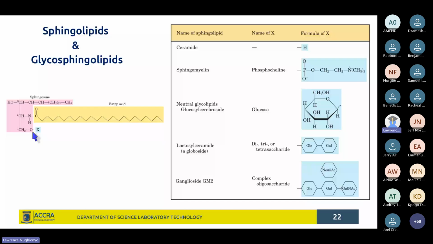And on that sphingosine, which is the backbone, you have a fatty acid. And then on that first carbon there, you have a head substituent. And the head substituent, if it is hydrogen, you have ceramide. So again, ceramide is the parent molecule of all sphingolipids. In place of that hydrogen, if you have a phosphocholine, you have what is referred to as a sphingomyelin.